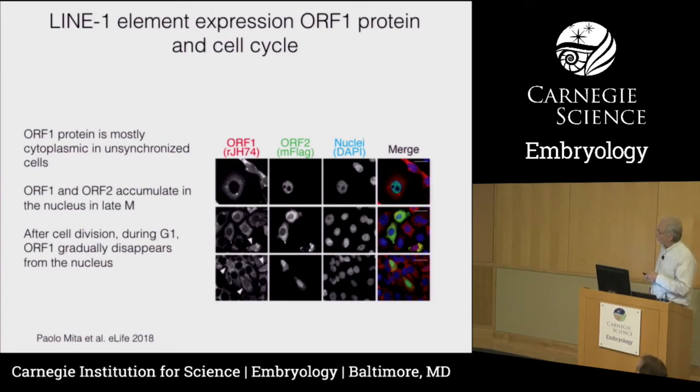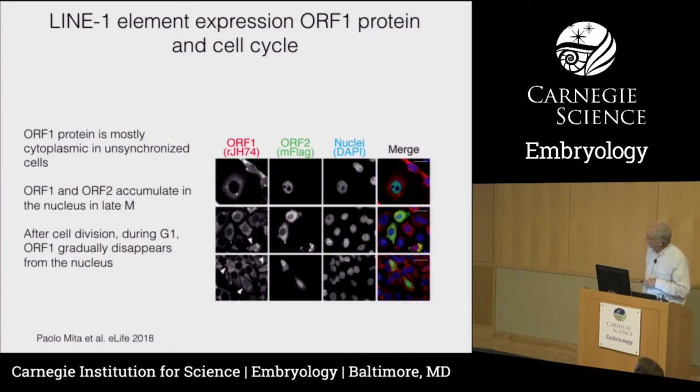And so what you can see here is that the ORF1 protein is in most cells clearly present in the cytoplasm, often in a perinuclear location. But if you look carefully, you'll see that in some cells, you'll see some ORF1 protein in the nucleus, and in other cells that is much less clear.